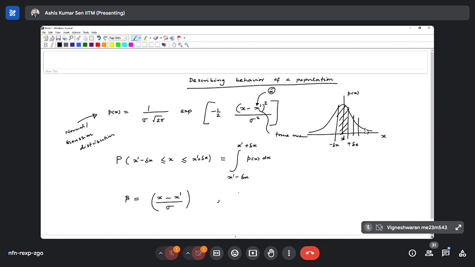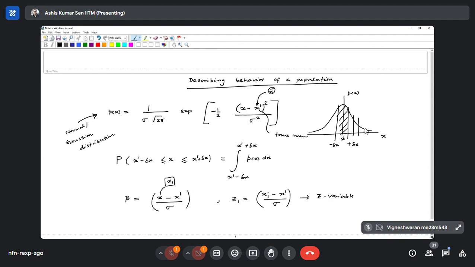Now, if you use x equal to some x1, okay, a particular data point, then you can write z1 is x1 minus x prime divided by sigma, and this is your z variable.